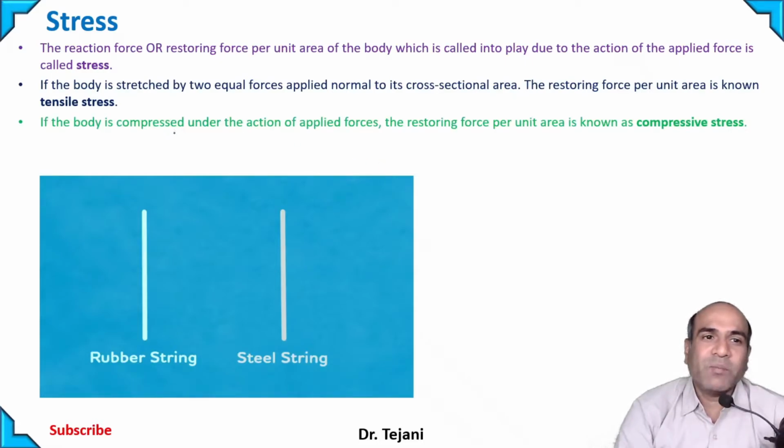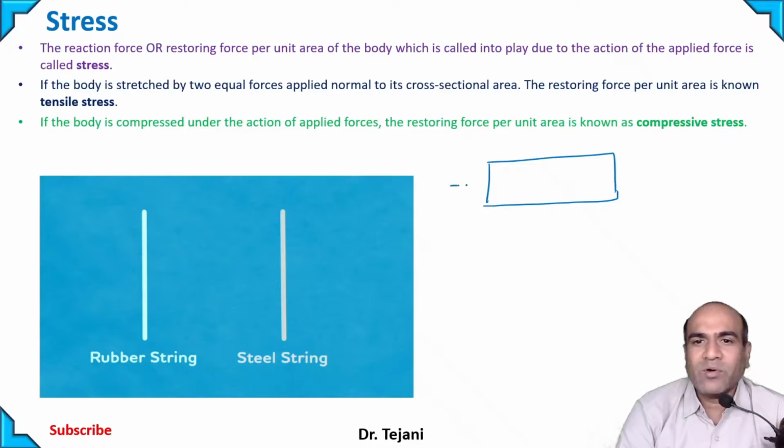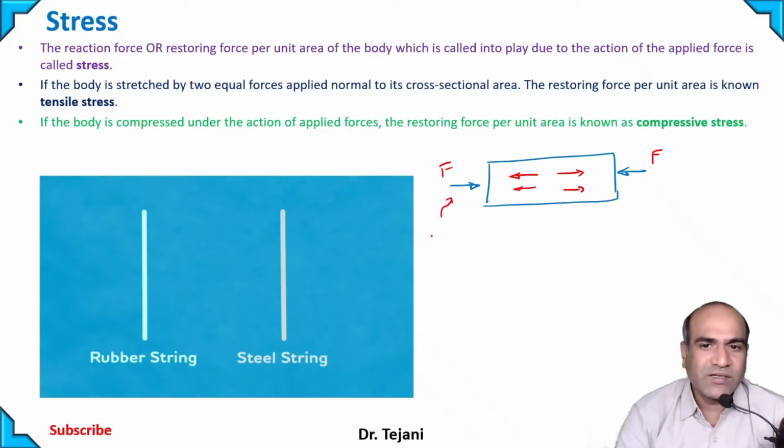Now, if the body is compressed, take a similar body and apply a compressive load on both sides, going inside. Under the action of the applied force, the restoring or reaction force tries to push the body outward, and as per Newton's law it opposes whatever external force is applied.